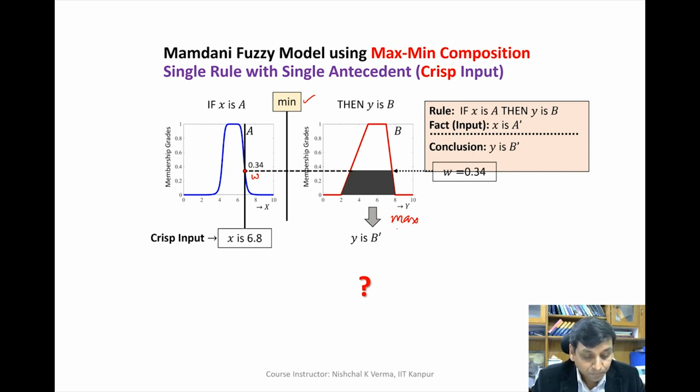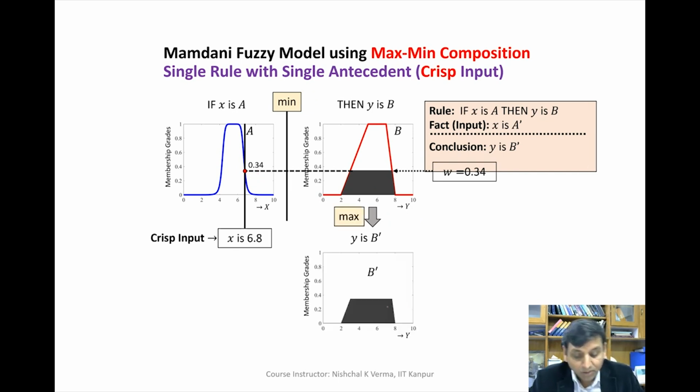So the max is going to give the same value as we have here. So this is B dash, and this B dash will remain the same even if we take max.